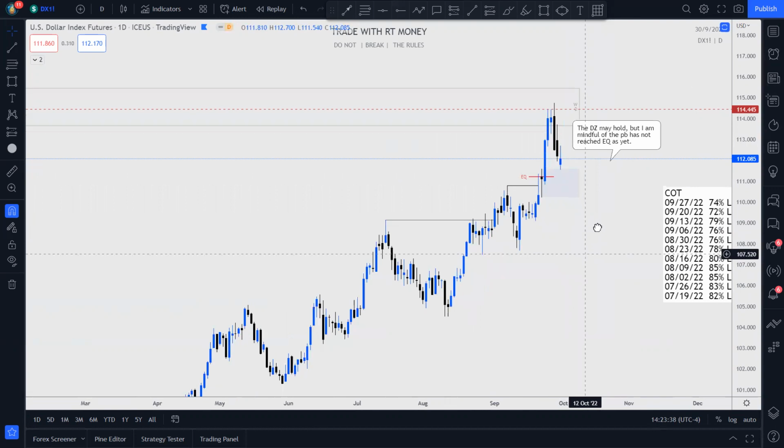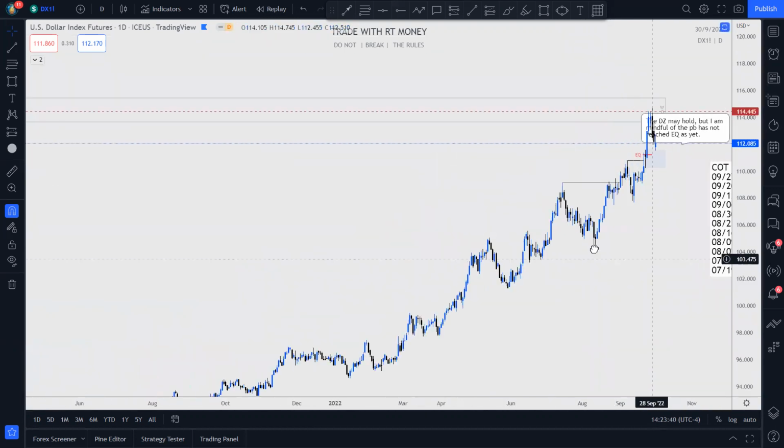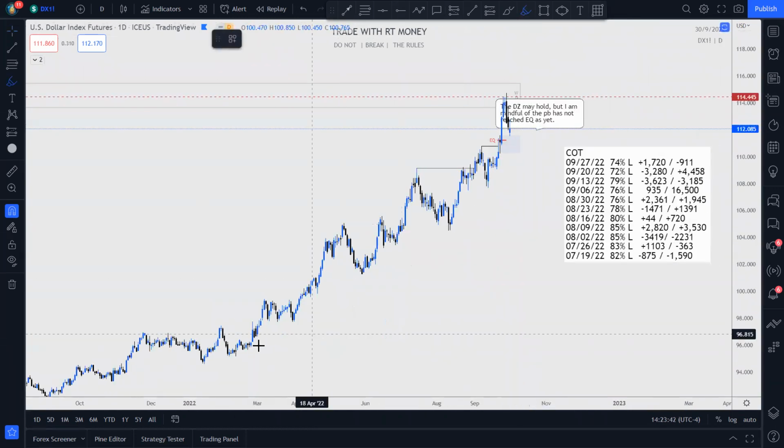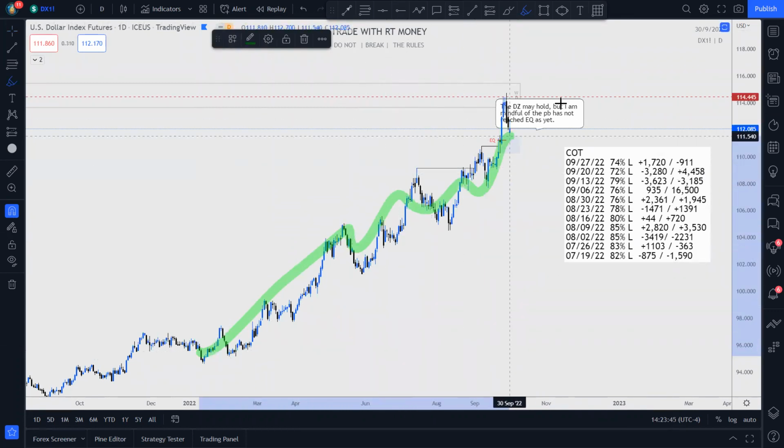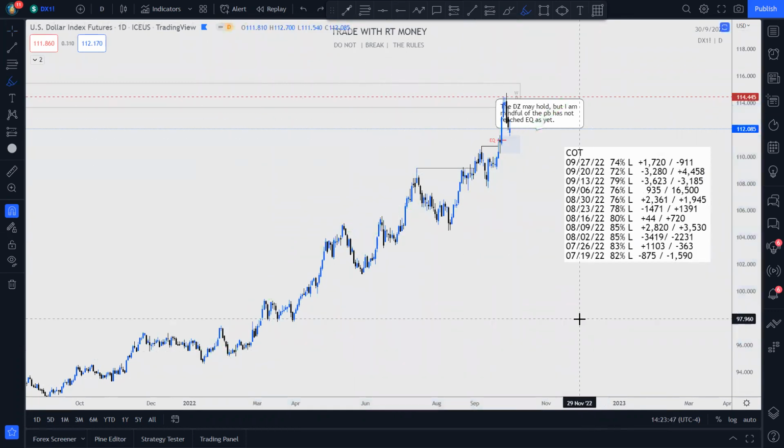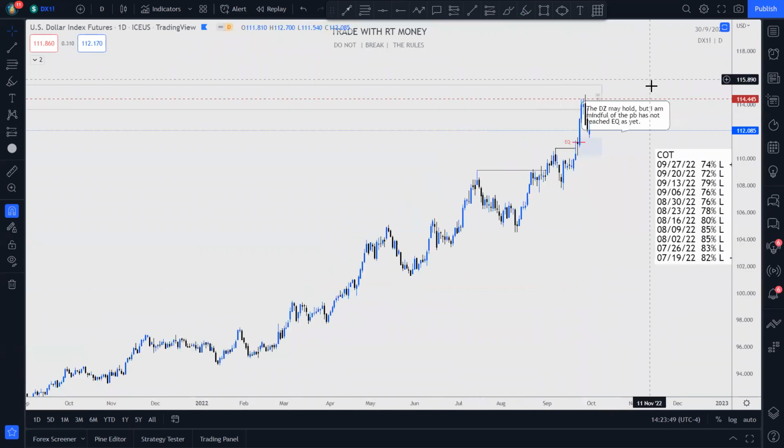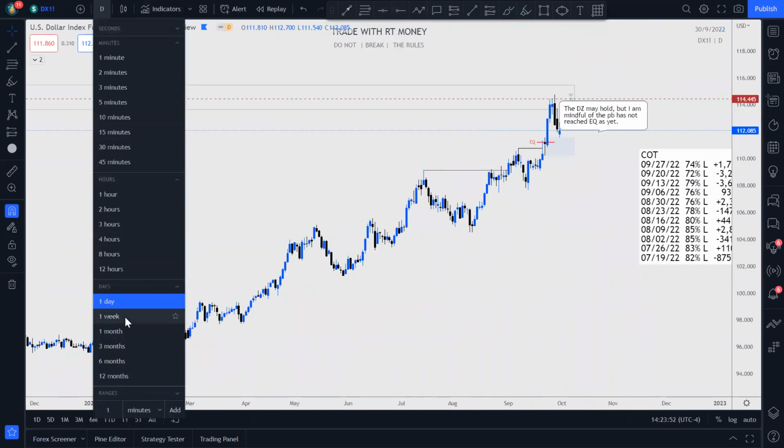The US dollar index is still bullish, and remains the strongest of all the currencies. That's all you need to see. There isn't a whole lot to go into.